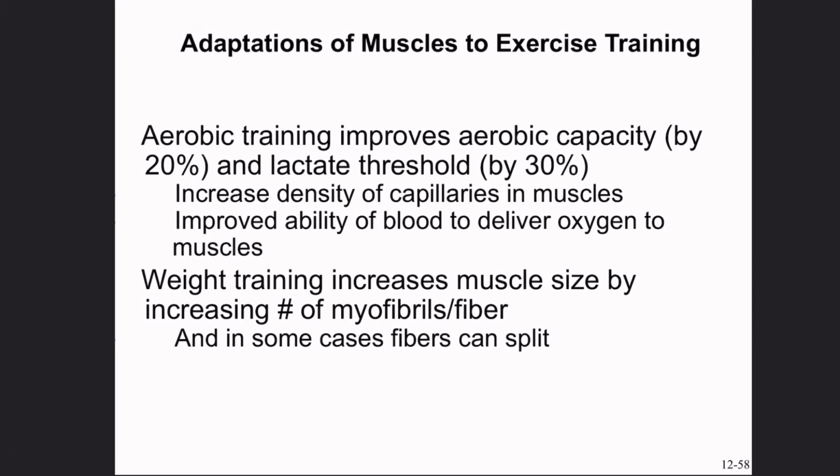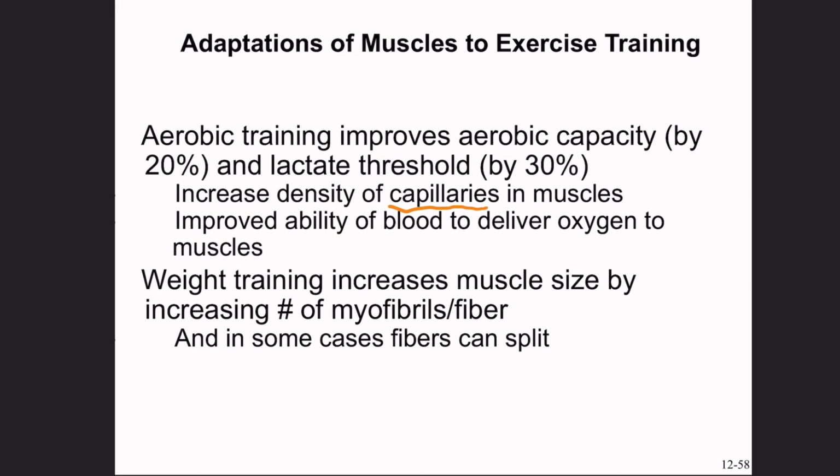So training does change the structure of our muscles, and it's different depending on the different types of training that you do. Aerobic training is going to improve aerobic capacity. It does this by improving the aerobic density, so density of capillaries.